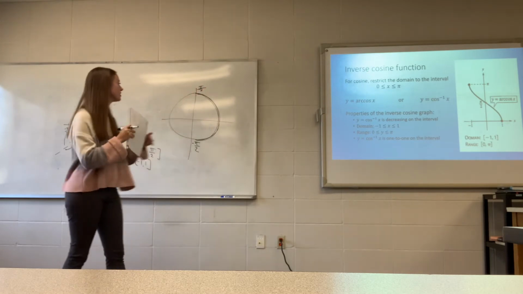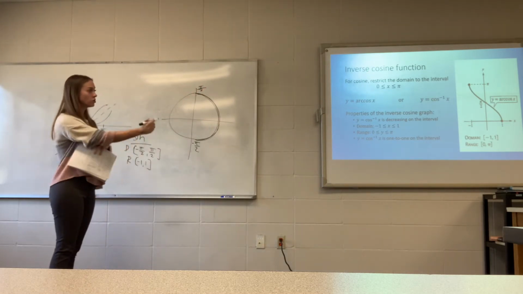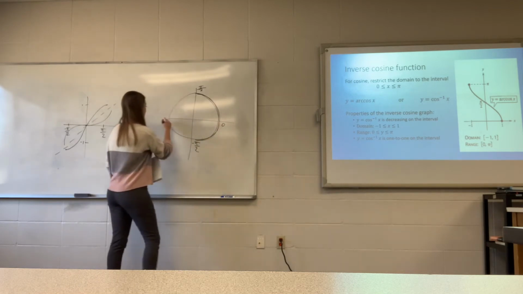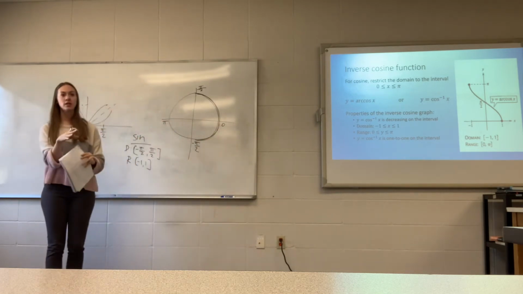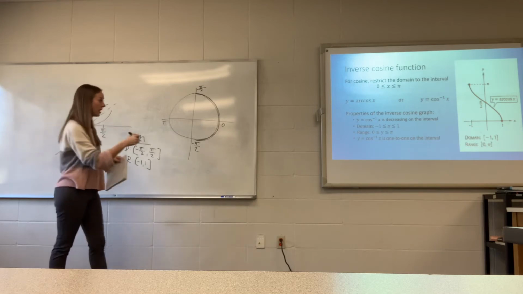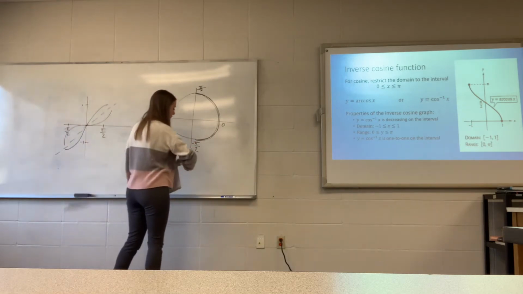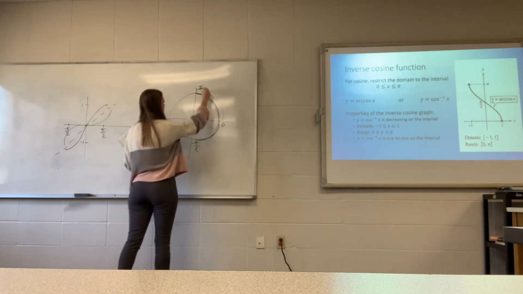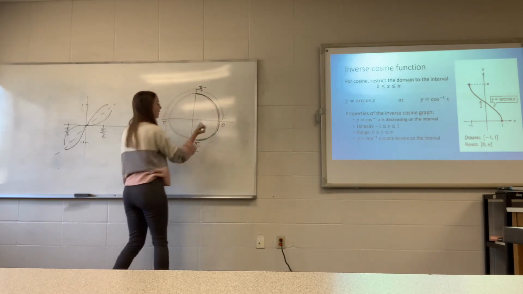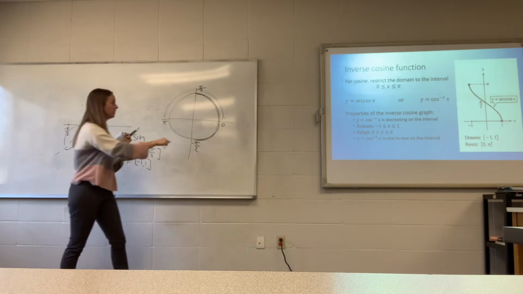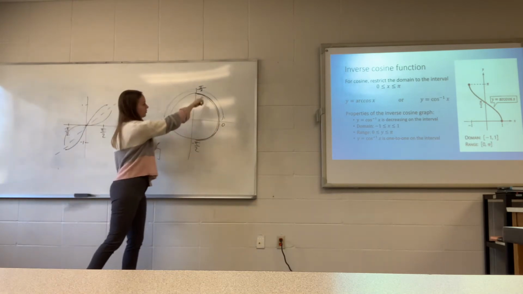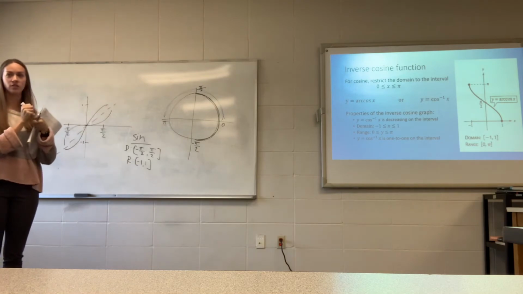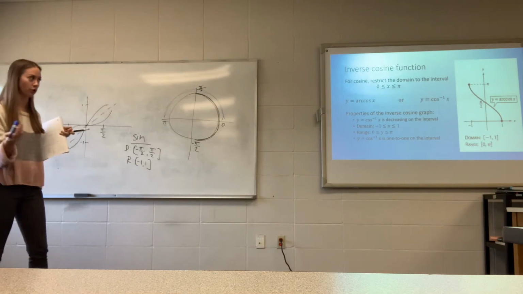If I think about my unit circle, when I'm using inverse cosine, all of my angles I'm looking for are gonna be between 0 and pi. So for sine, they're between -π/2 and π/2, but for cosine, they're between 0 and pi. This helps you know where to look on your circle.